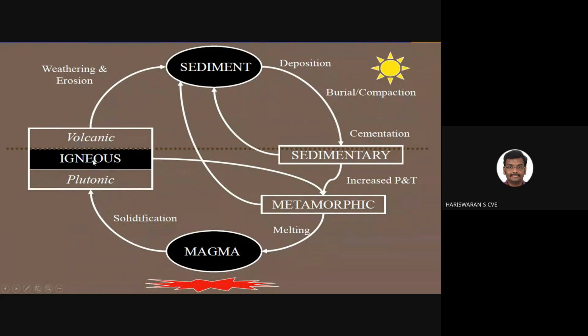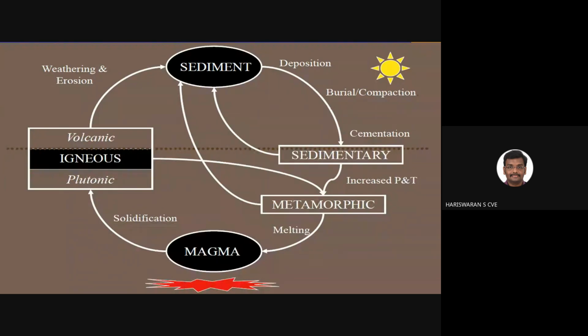It may be molten material that reaches outside the surface; we call it exterior igneous rock. Sometimes a layer will never allow the molten liquid to reach the surface, so the molten liquid solidifies inside the crustal layer; we call that interior igneous rock.